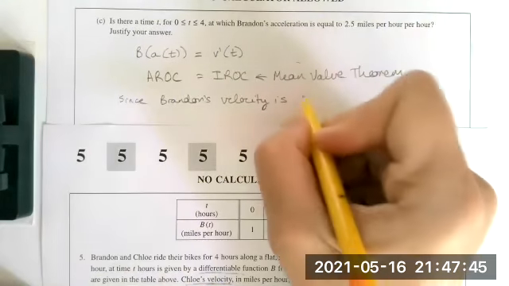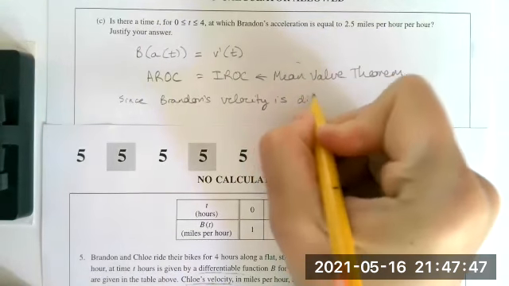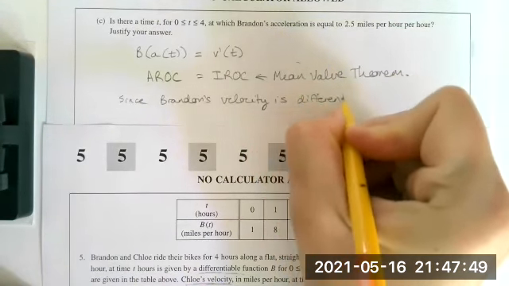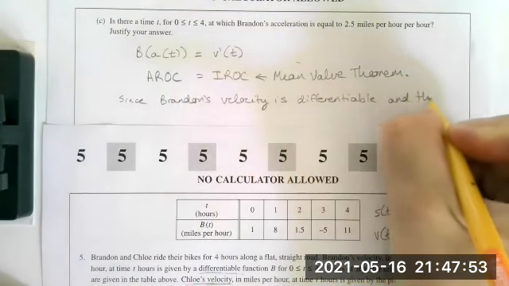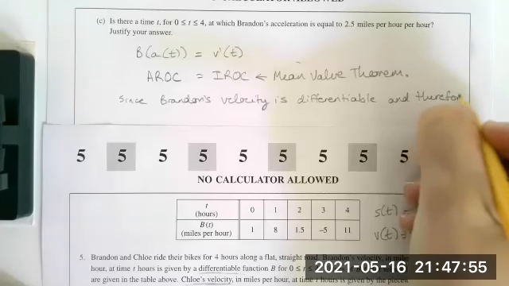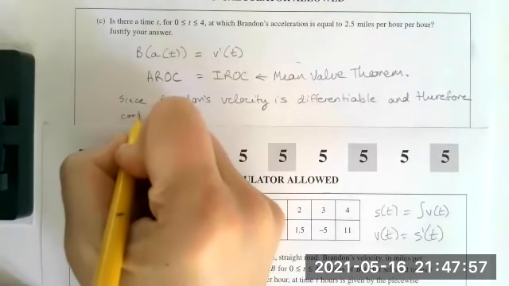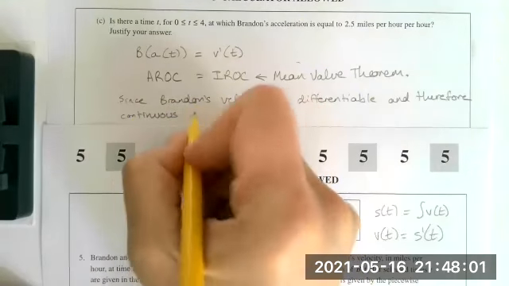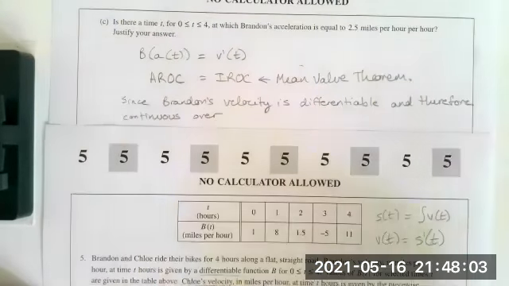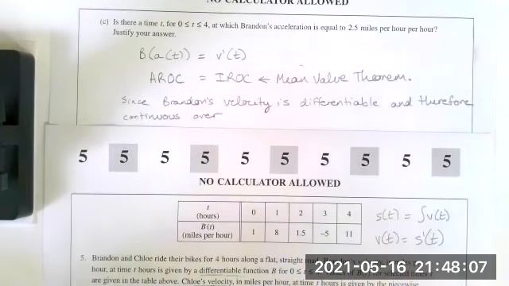Okay, since Brandon's velocity is differentiable and therefore continuous, two big important keywords, over, and I'm just going to start with 0 to 4, because if you can just check the whole thing, maybe that's enough.